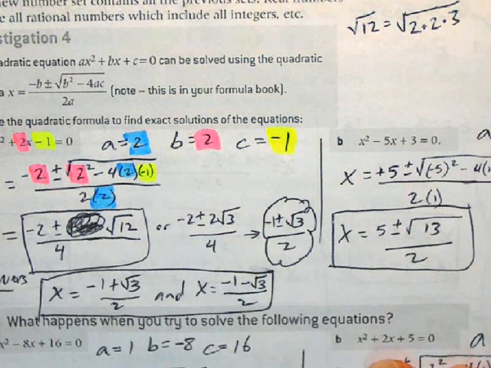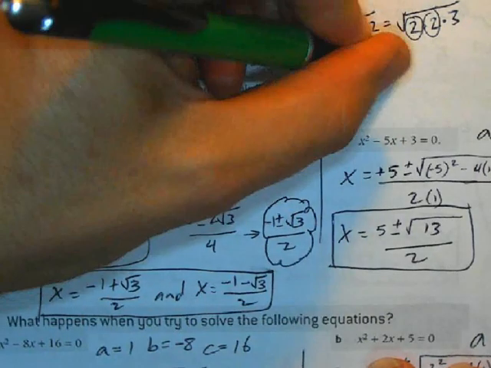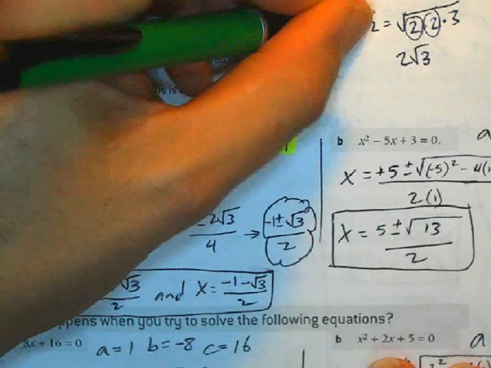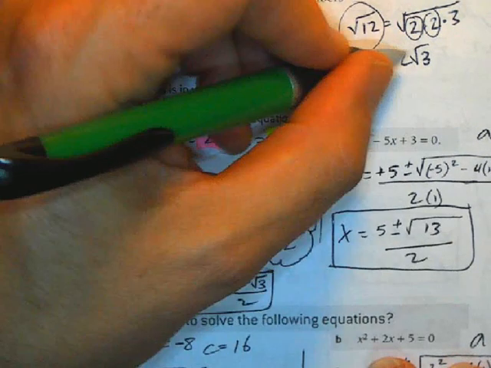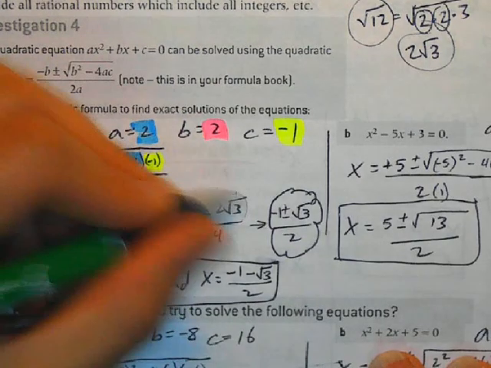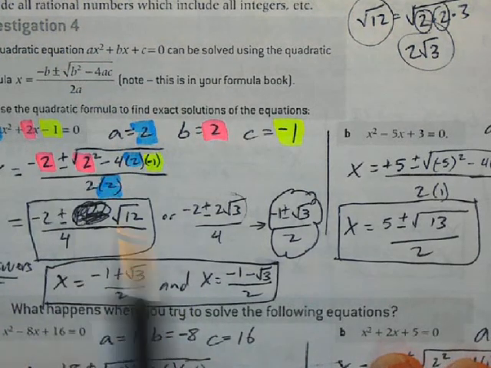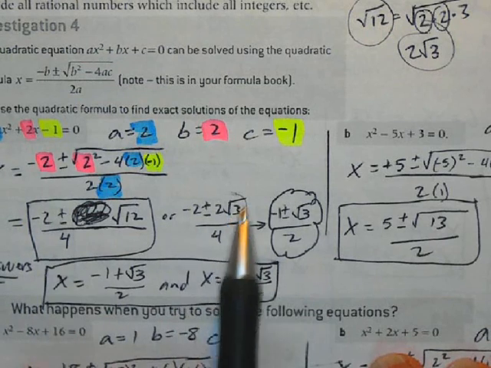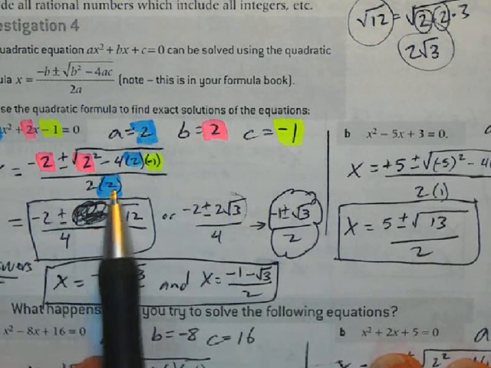Since I have a pair, I can take it out of the radical, so I can write it as 2 square root 3. So I can rewrite the square root of 12 as 2 square root 3. Okay, so that's what I did here. So I could write this as -2 plus or minus 2 square root 3, and then over 4.